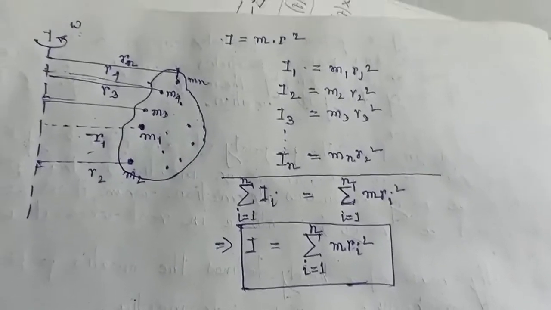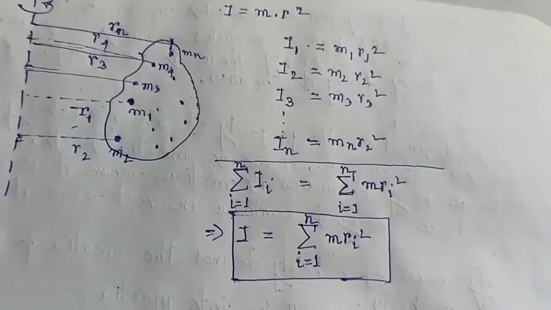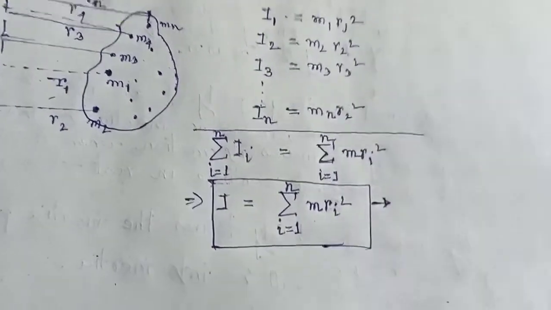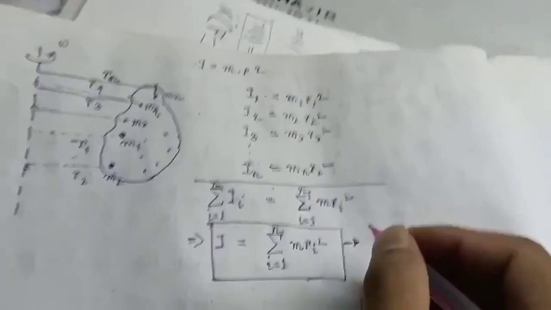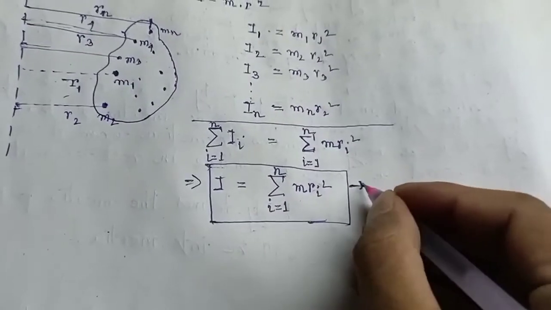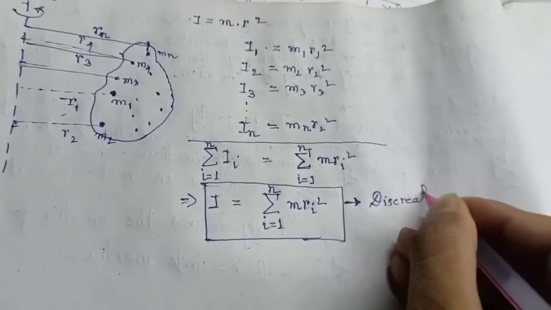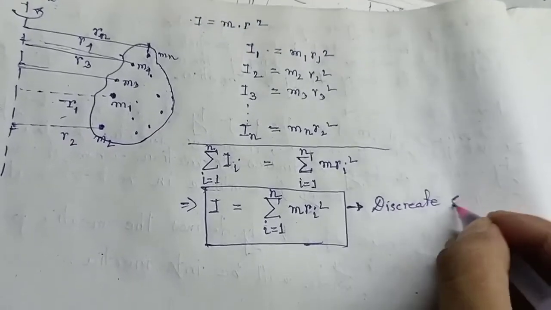Now see what will happen if the object is not discrete. This equation holds true for a system of particles, for a discrete object.